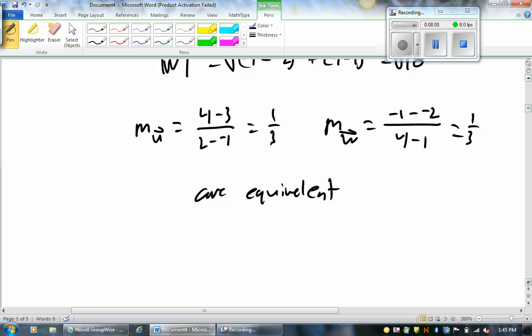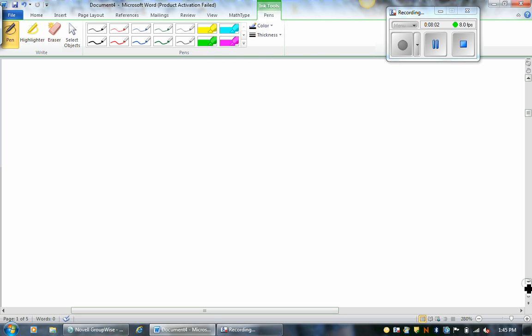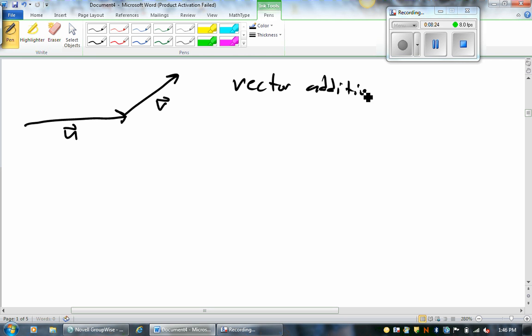Okay, so besides equivalent, we can do regular mathematical operations with vectors, starting with addition. So let's say I had a vector that went like this, and we'll call that vector u. And then I have another vector over here that I call vector v. My sum, my vector addition, resultant is right here, and you should remember resultant from when we were doing the forces questions and law of sines, law of cosines, that area.